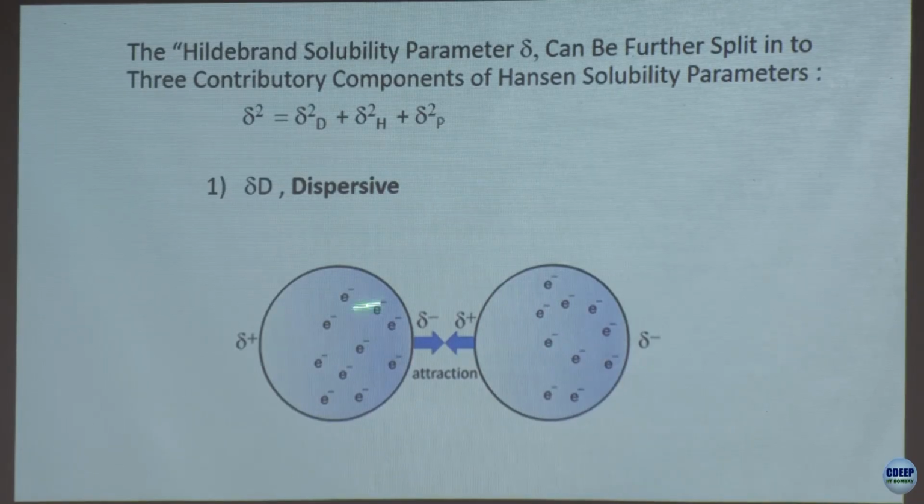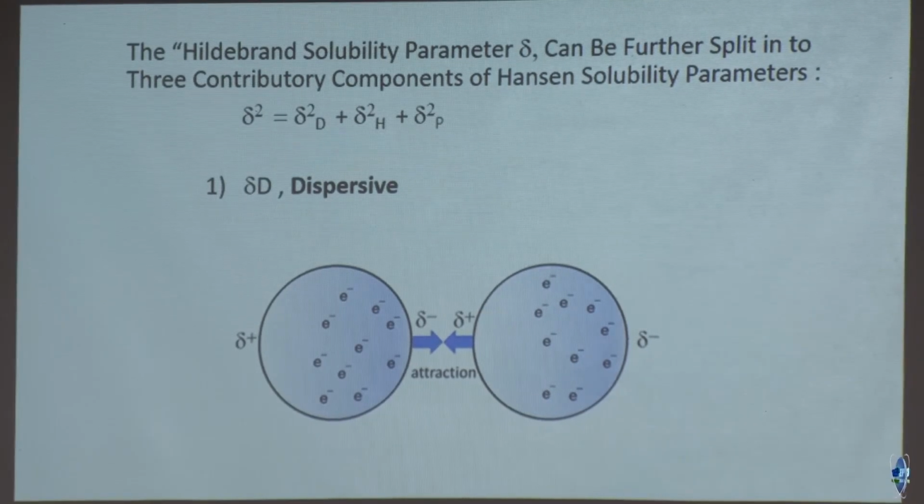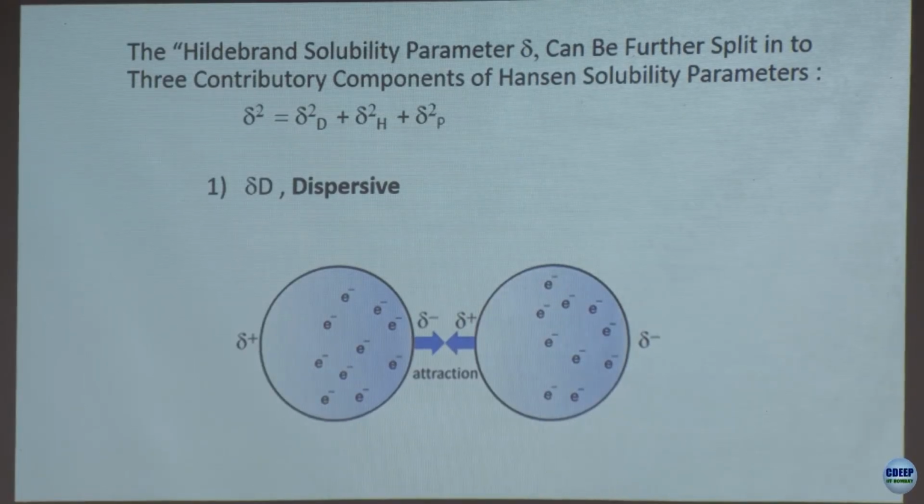So this attraction, for example, if I consider two molecules, say one something like hydrogen and second something like carbon tetrachloride, which one will have more dispersive attractive interaction? Yeah, so you can see the dispersive interaction is highest for those molecules which exhibit very high electron density.